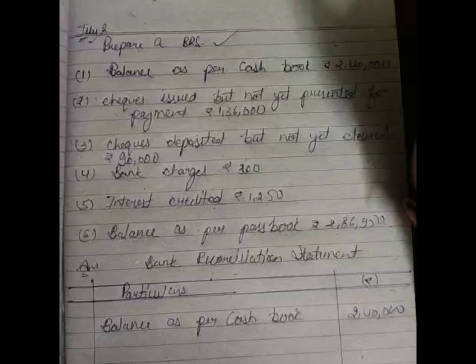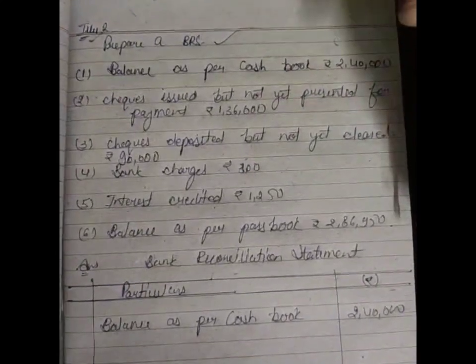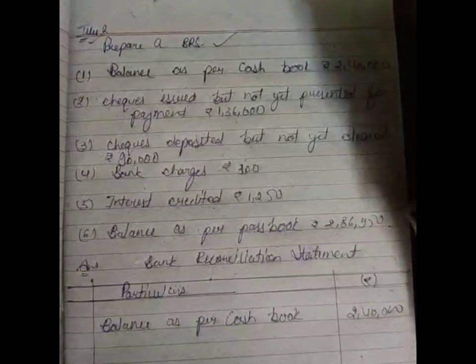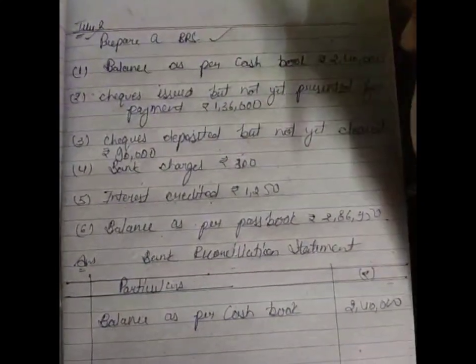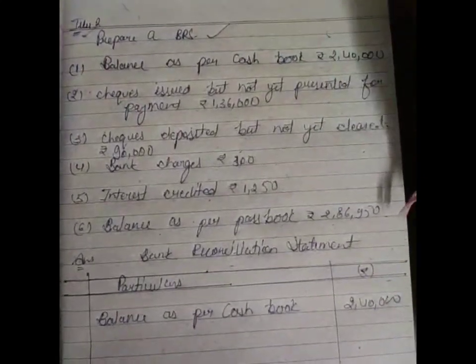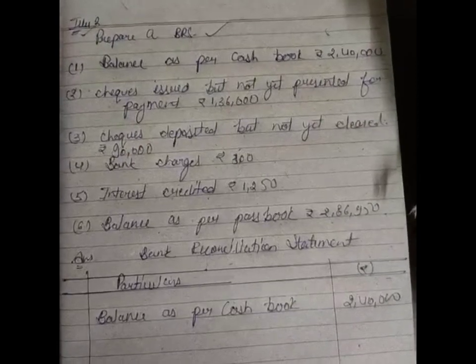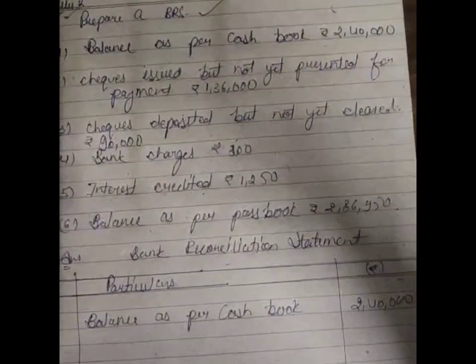In every kind of question you will get some transactions which are given in order to match your bank and cash book balance. So in this illustration also there is a mismatch between the amount shown in your cash book and the amount shown in your passbook. First of all, why should these two reconcile?